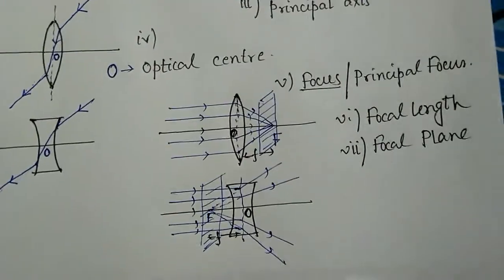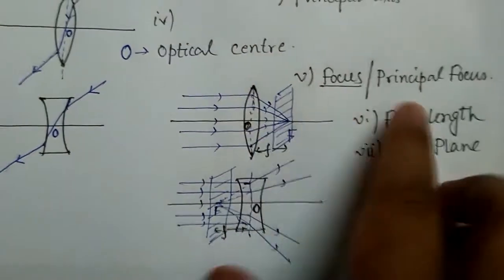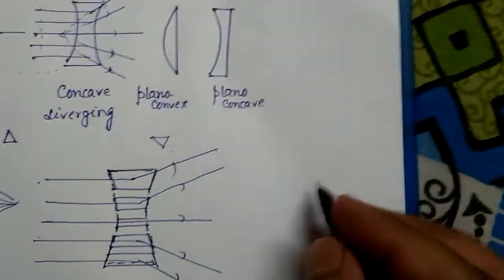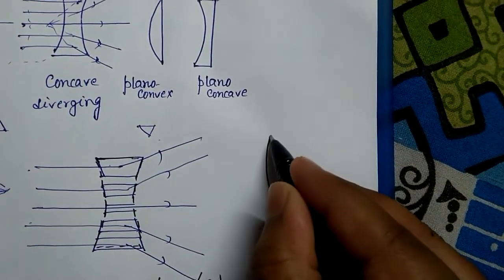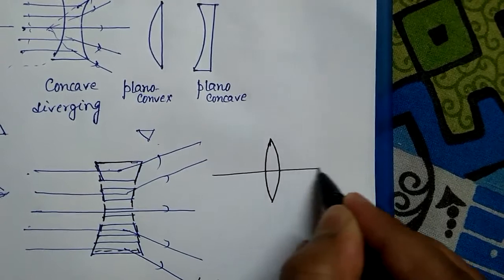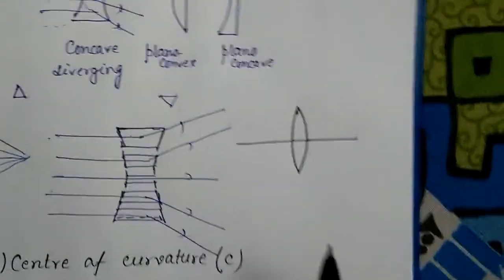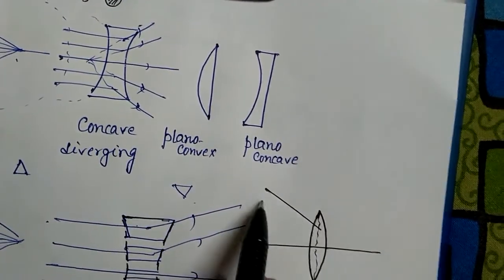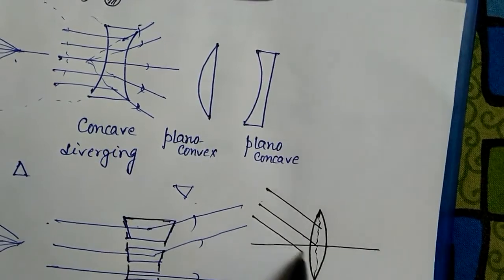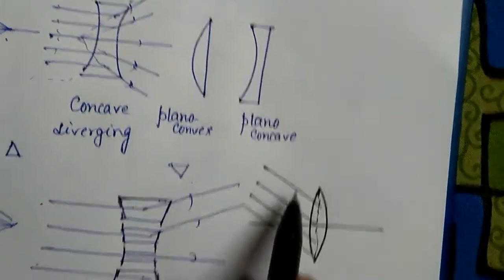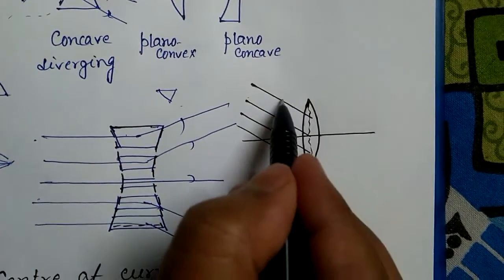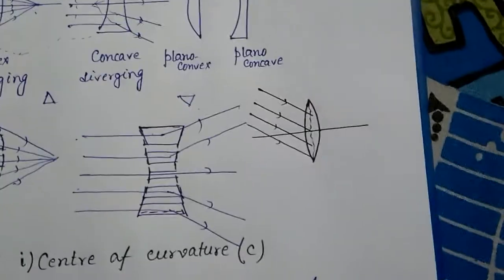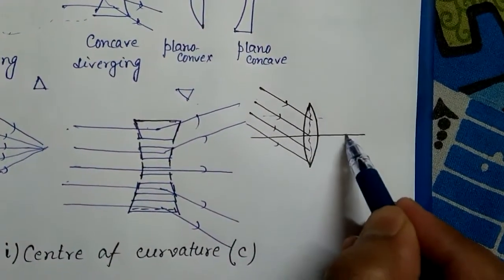Next, what is secondary focus? If a principal focus is here, then there must be a secondary focus. I am drawing another picture here. Let's say this is a lens and this is the principal cross section. Some rays are incident on it which are parallel to each other but not parallel to the principal axis. When parallel rays were coming along the axis, they met at that point.